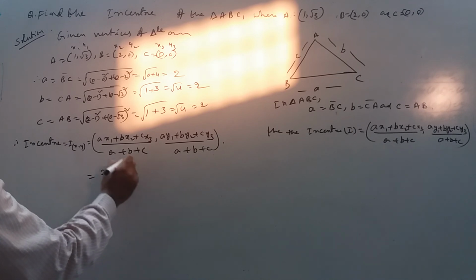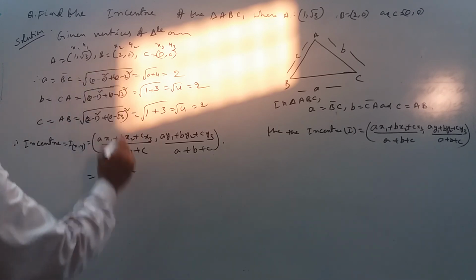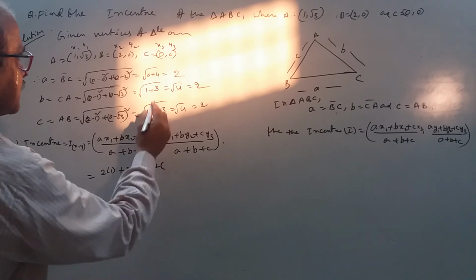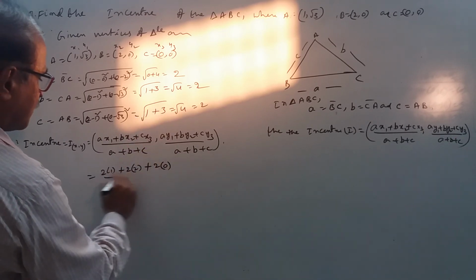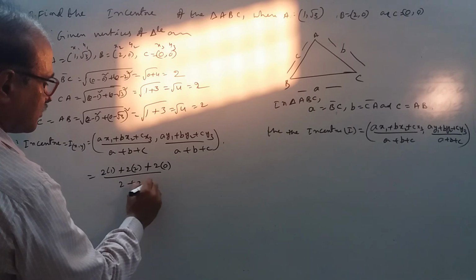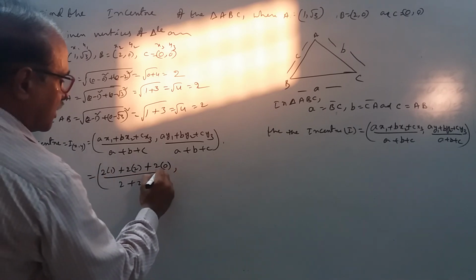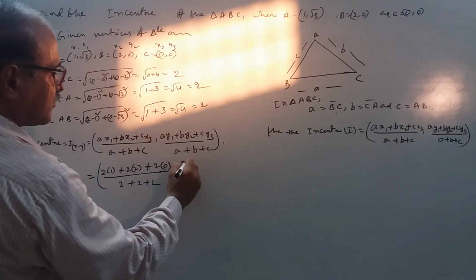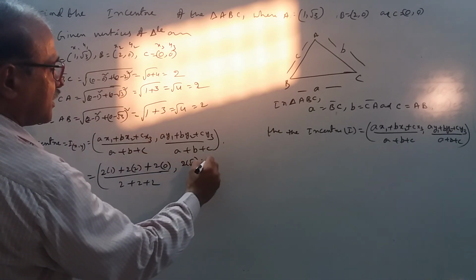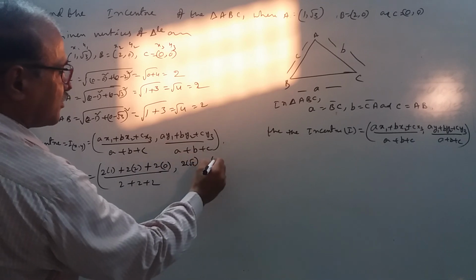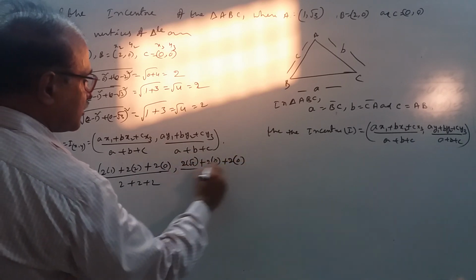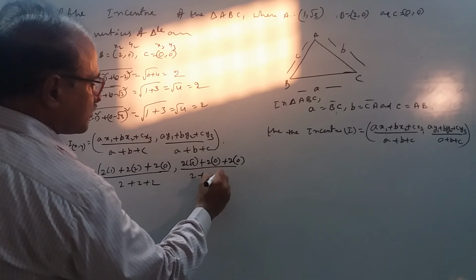B also 2 into x2, 2 plus c, 2 into x3 is 0 by a plus b plus c, 2 plus 2 plus 2, comma, a into y1, 2 into root 3, plus b, 2 into y2 means 0, plus c, 2 into y3 is also 0 by 2 plus 2 plus 2.